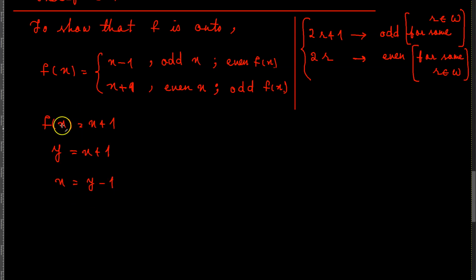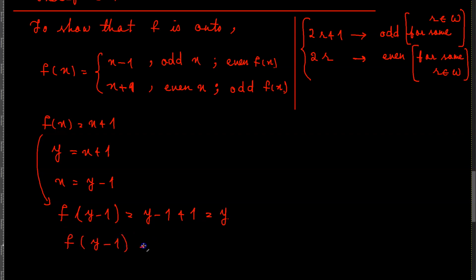That means that if I write the same relationship as f of x, but instead of x, I write y minus 1, and we have a plus 1 over here, I'll get a y. That means that f of y minus 1 is equal to y.